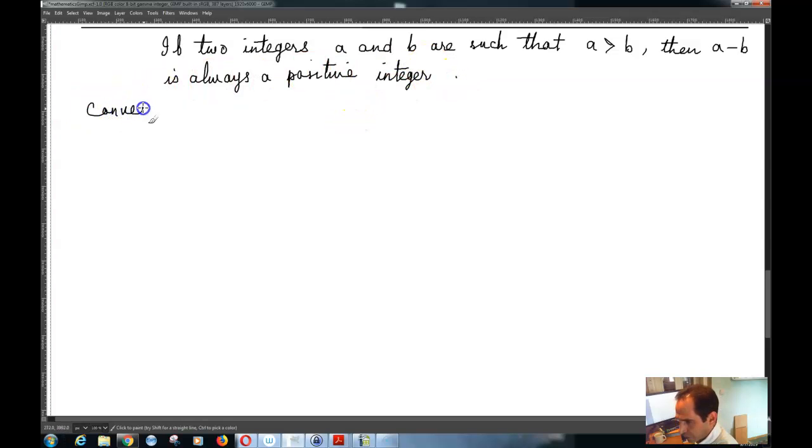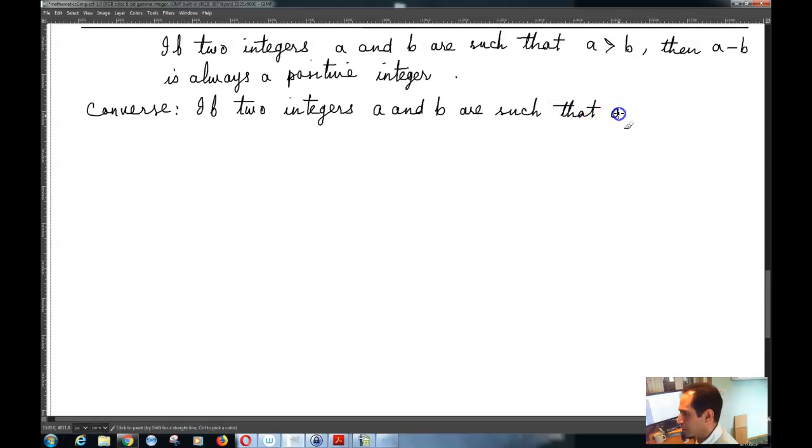And the converse of this would be: if two integers a and b are such that a minus b is a positive integer, then a is greater than b.